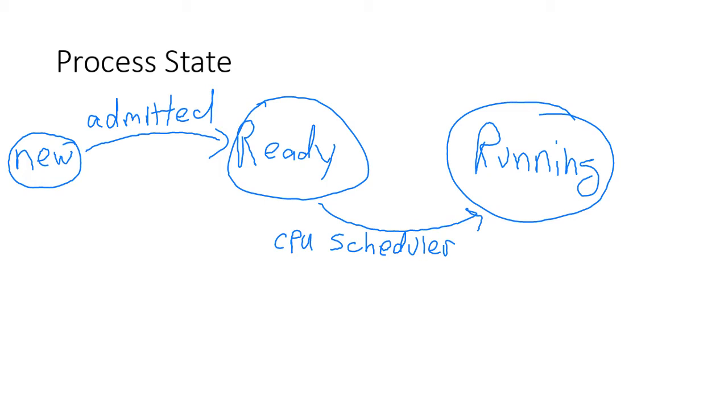Like I said, I'm sticking to where only one can be in the running state. If there's only one process in the ready state, that's easy enough to know which one will be. They call it dispatch.